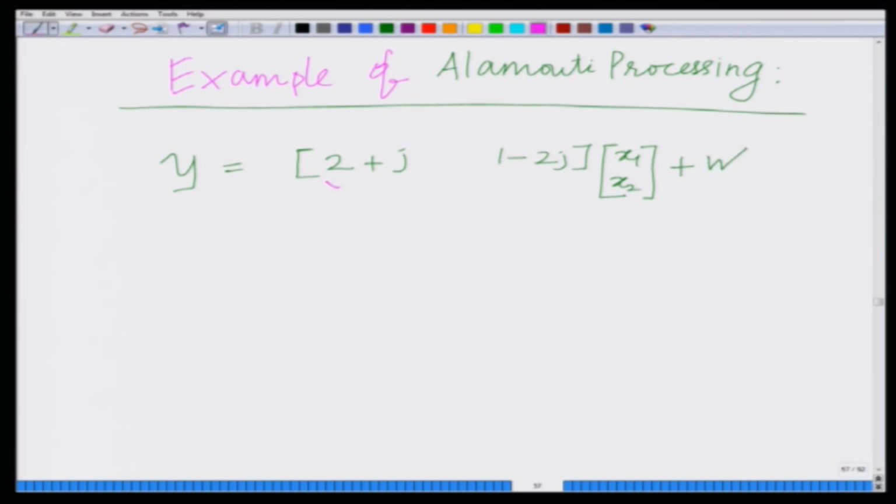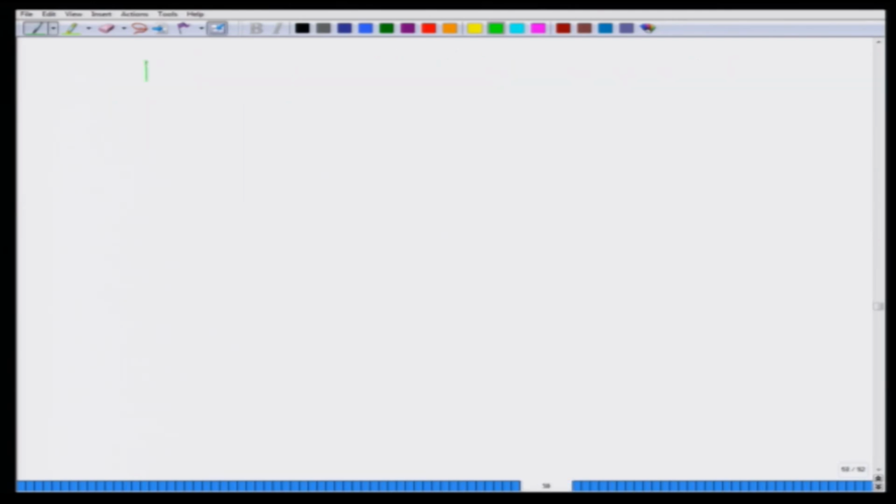Basically, this is my channel coefficient H1, this is my channel coefficient H2. H1 is equal to 2 plus j, H2 is equal to 1 minus 2j. This is my 1 cross 2 MISO system.